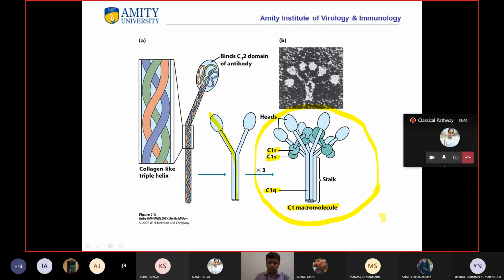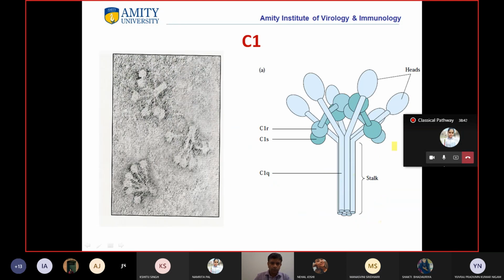Okay. So it's the same thing as I said: C1Q plus 2 molecules of C1R plus 2 molecules of C1S. Together they make the C1 molecule.